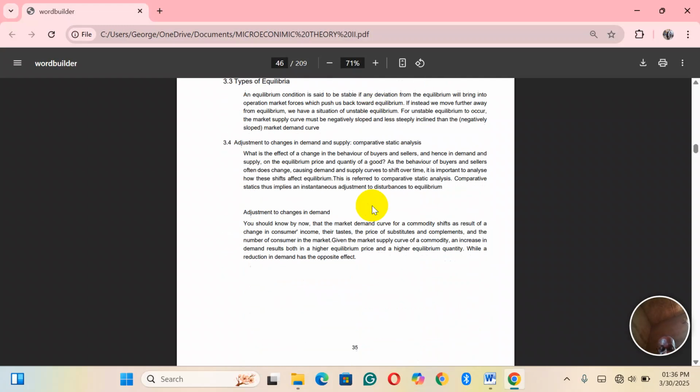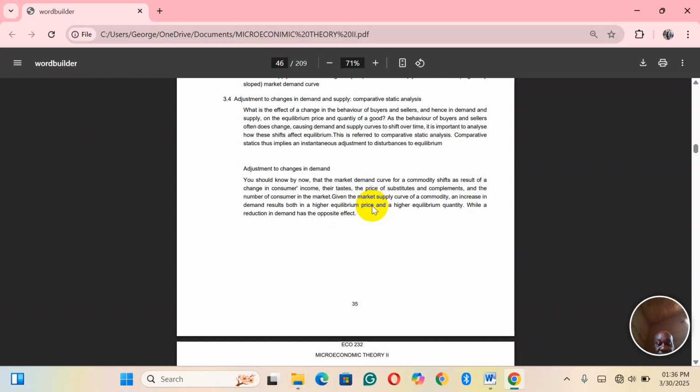Adjustment to change in demand. You should know by now that the market demand curve for a commodity shifts as a result of a change in consumers' income, their tastes, the price of substitutes and complements, and the number of consumers in the market.